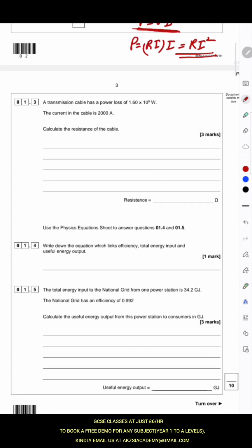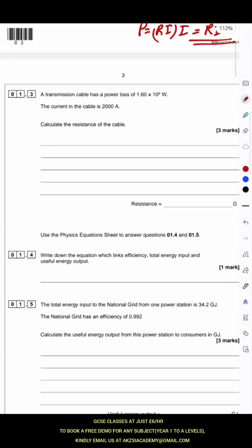Moving on to 1.3. A transmission cable has a power loss of 1.6 into 10 to the power of 9 watts. The current in the cable is 2000 amperes. Calculate the resistance of the cable, and that's why we just saw that power is equal to I squared R. I is 2000, so it is 2000 whole squared times R, and this is power, which is 1.6 into 10 to the power of 9.